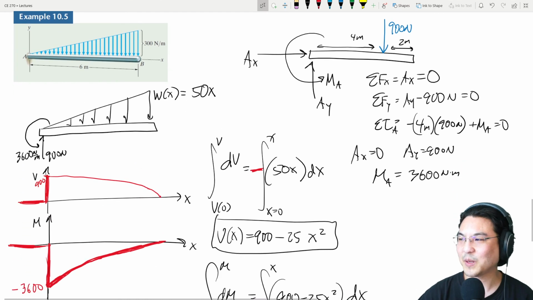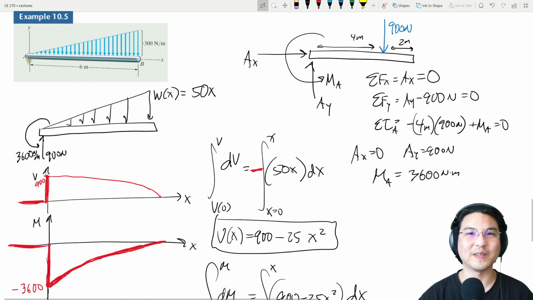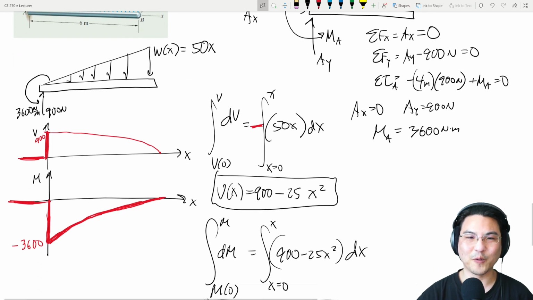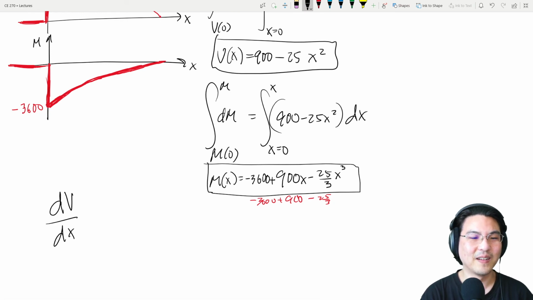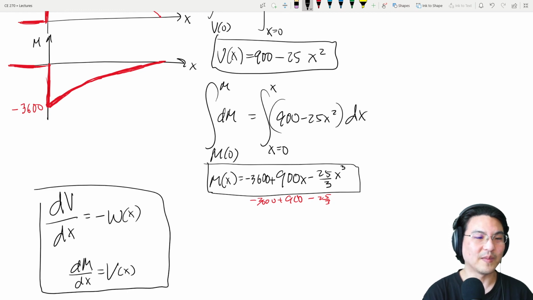All right, so keep on practicing this calculus method. It's straightforward because there are only the two equations, one for shear and one for bending moment. Those are the only two formulas I used.